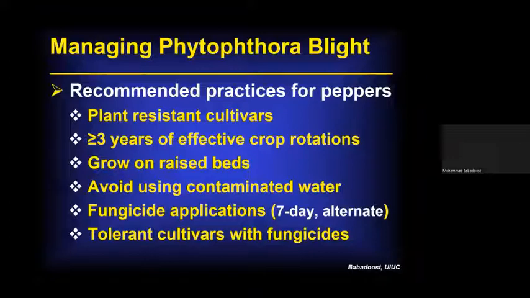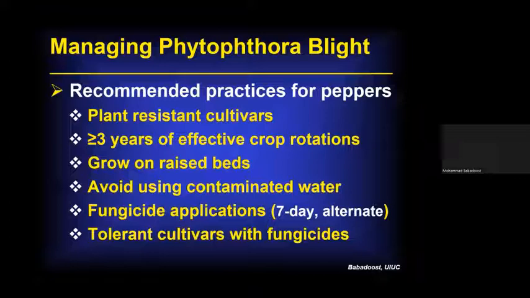Avoid using contaminated water. If somebody has a pond or small lake, and there was runoff water from infested soil to the pond, the pond water is contaminated. If somebody is using the water from that pond, then they are spreading the pathogen all over the field. Do not do that. Fungicide application, again, at 7 days interval.